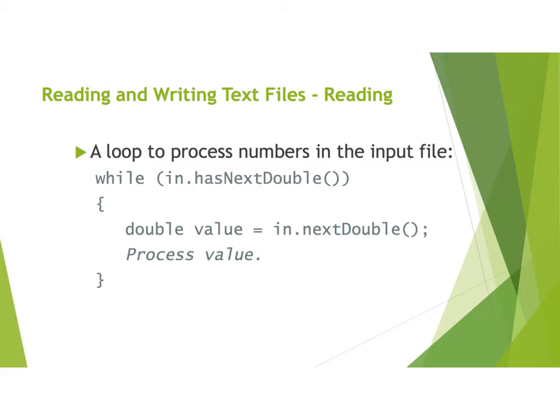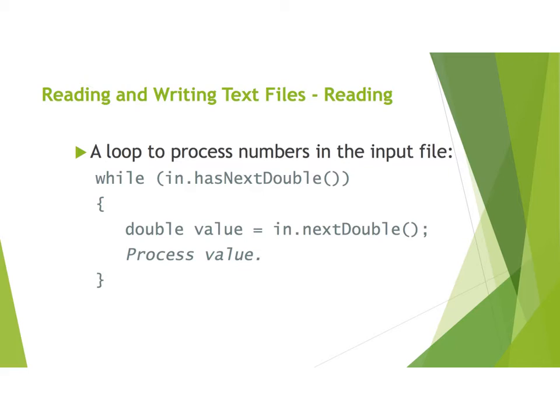The in.nextDouble method is a method of the Scanner class that gets no input parameters and returns the double value of the text in the input file. So it parses the text, converts it to a double value, and then returns it.